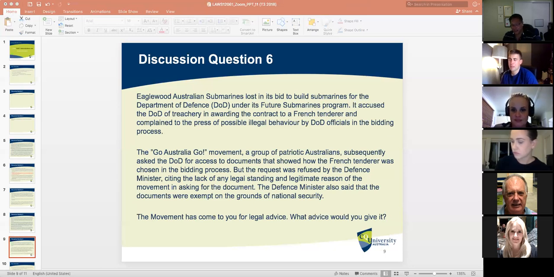Okay, so there are two aspects to the third legal issue. Number one, is the Department of Defense or the Defense Minister considered an exempt agency? Because if it is an exempt agency, then all of these documents are exempt from the public.